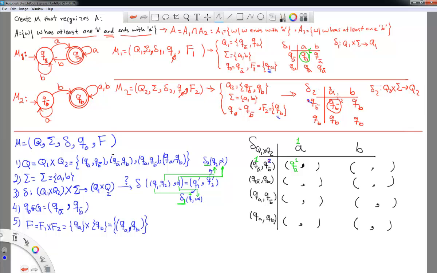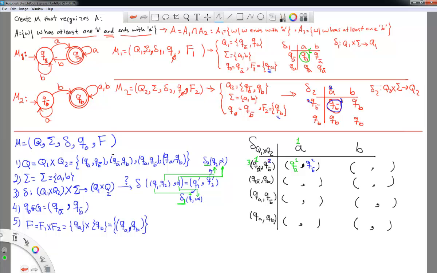When it sees an A, it goes to Q naught B. So this is going to be Q naught B. Okay. Now, what's going to happen? Let's call this now 3.